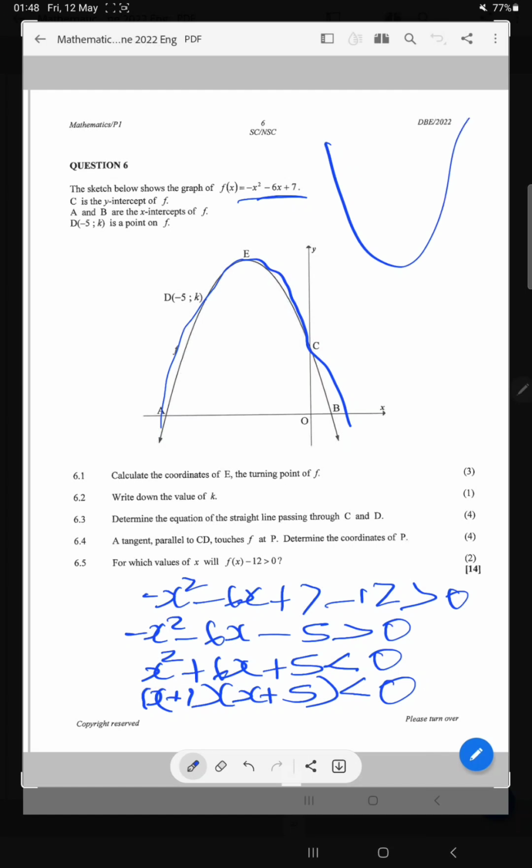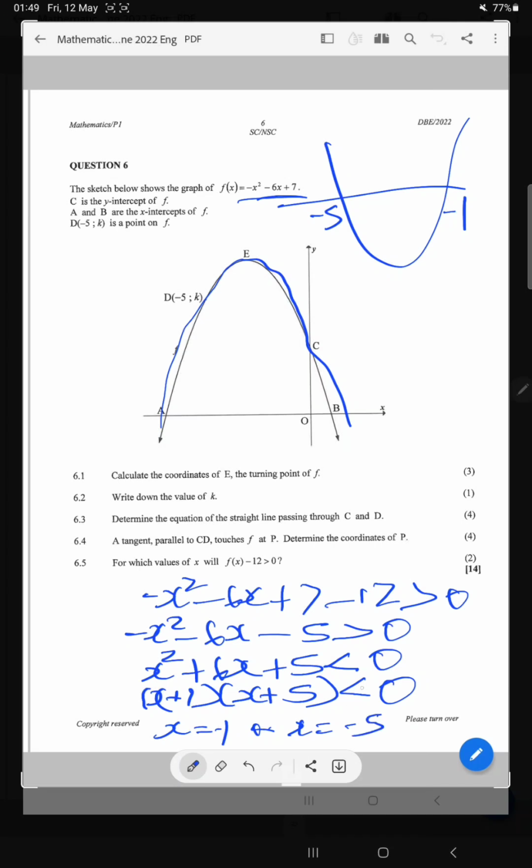So we draw our graph there. So minus 5, minus 1. Because in this case, x is going to be minus 1, or x is equal to minus 5.